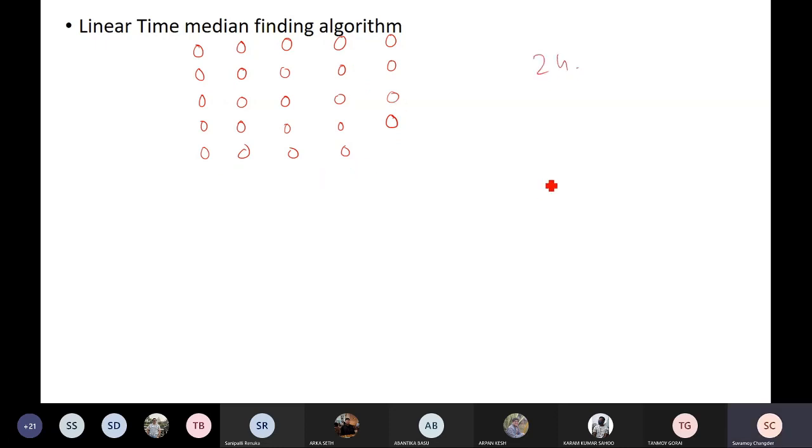Okay. So we are dividing this list into ceiling of n by 5 number of groups. Check this. This is the ceiling value. Okay. So here in this case 24 by 5 is 4 point something. So ceiling value is 5. Therefore we are having 5 number of groups. Now we are applying insertion sort to each group. Okay.